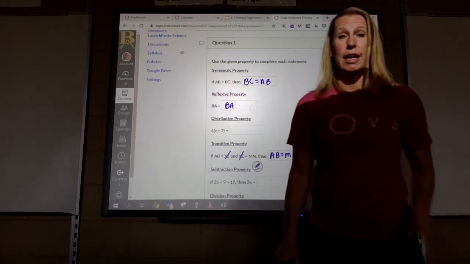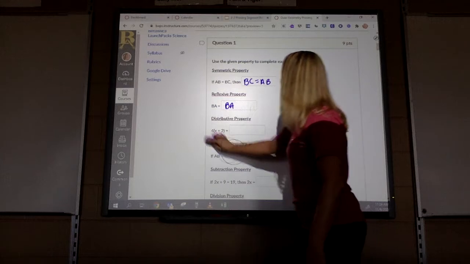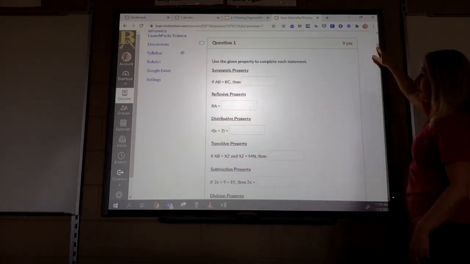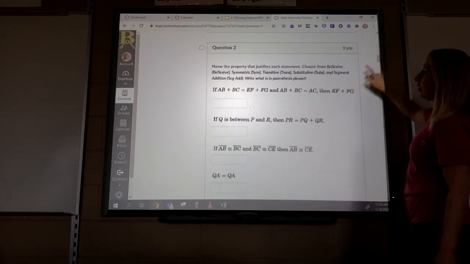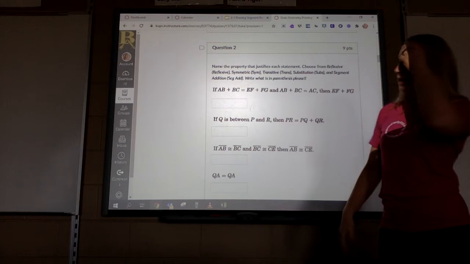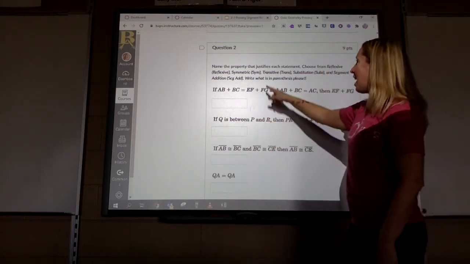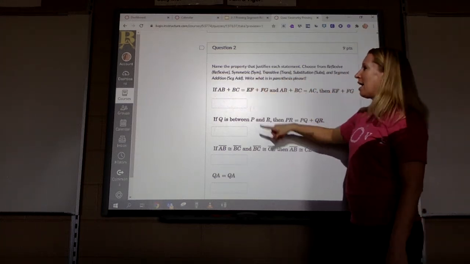Make sure you're using capitals in your answers and no spaces. On the first one, you're going to do what the property tells you to do. On the second one, you're going to name the property. Make sure that you spell everything correctly. I have the stuff up here, how you're supposed to spell it and how you're supposed to word it.